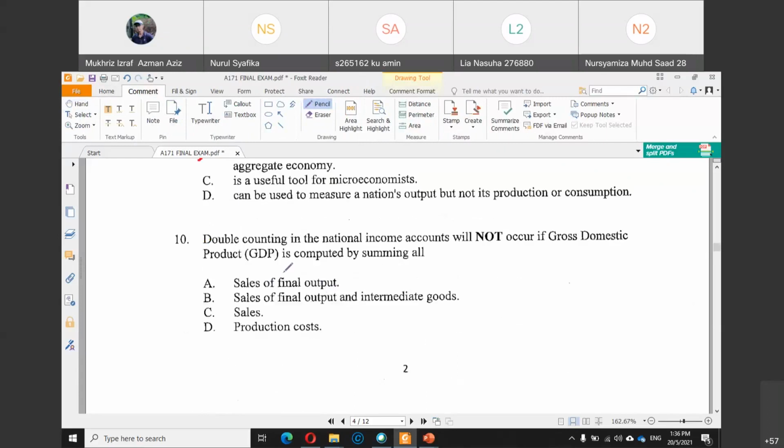Double counting in national income accounts will not occur if gross domestic product is computed by summing all... So this is related to double counting, which is what I highlighted before on the product, the value added approach. It will not occur if you only take into account what? So when can you avoid the double counting problem?